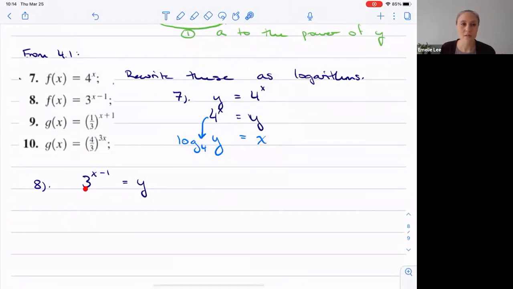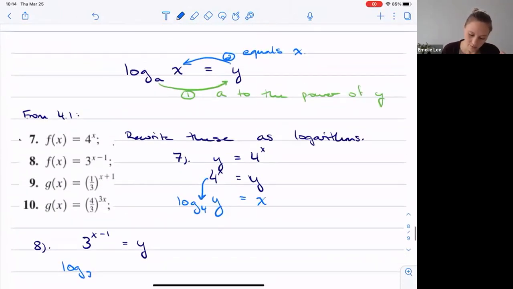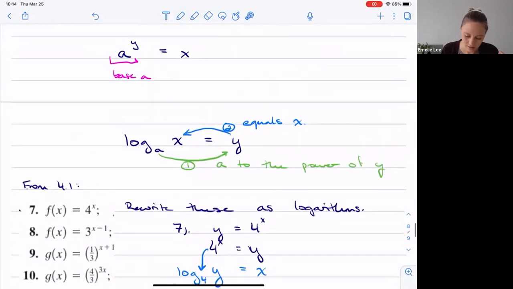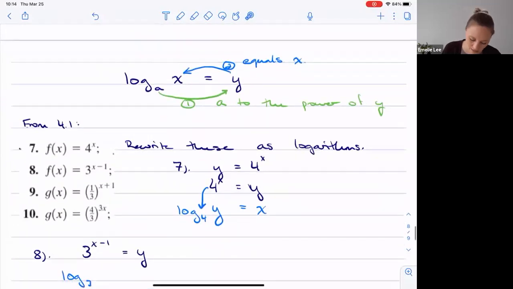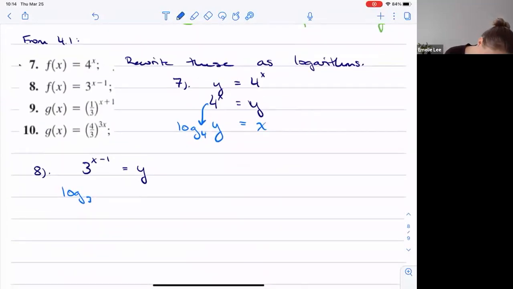And so log base 3 is where I'm going to start. Remember, the power becomes the other side of the equal sign, and then the y is going to move inside. So what I have is log base 3 of y is equal to x minus 1.